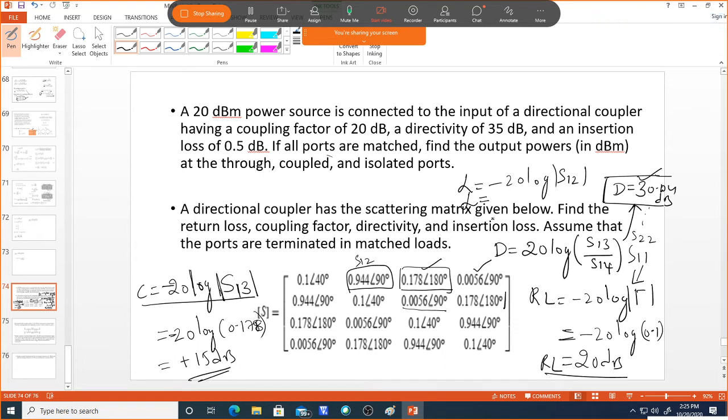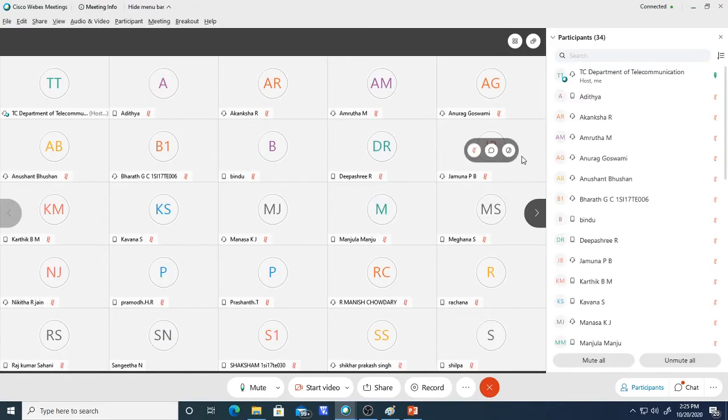How much is the insertion loss? Pramod? Hello, Pramod?